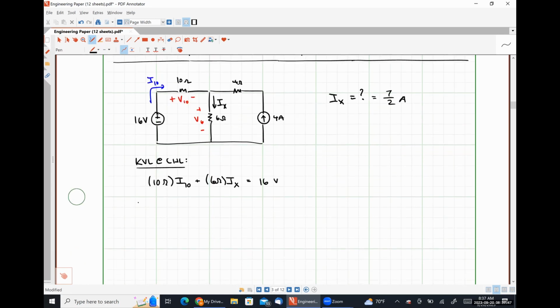And when we apply Kirchhoff's current law at our top middle node and rearrange, we're going to have I10 flowing in minus Ix, because that's flowing out, equal to negative 4 amps.